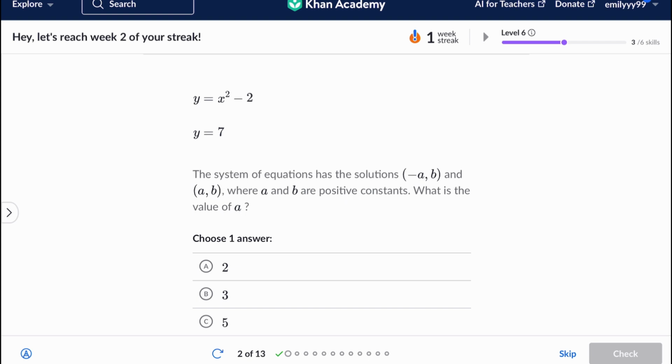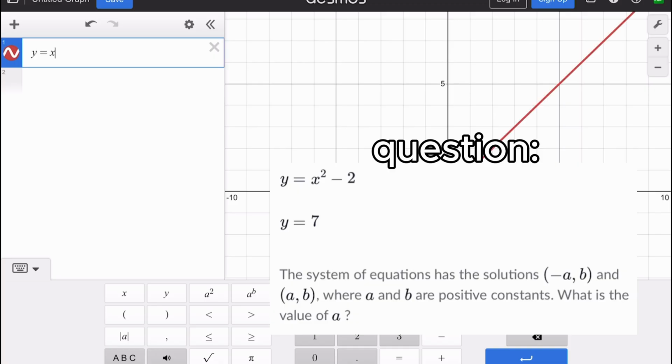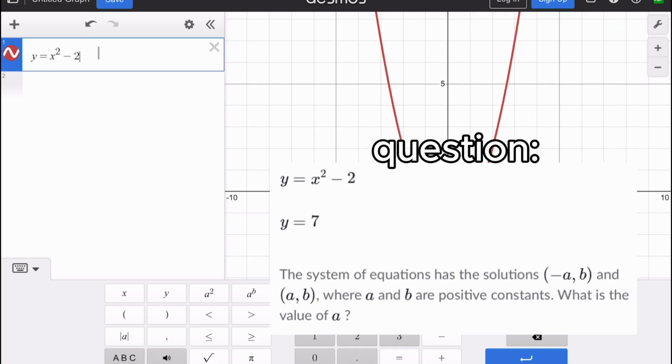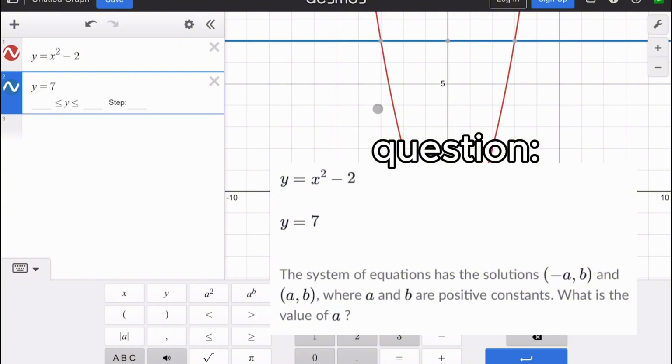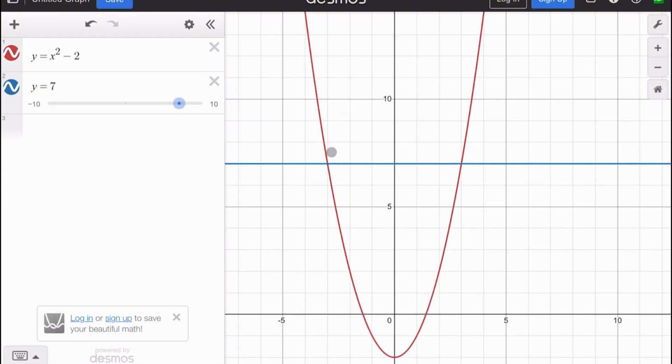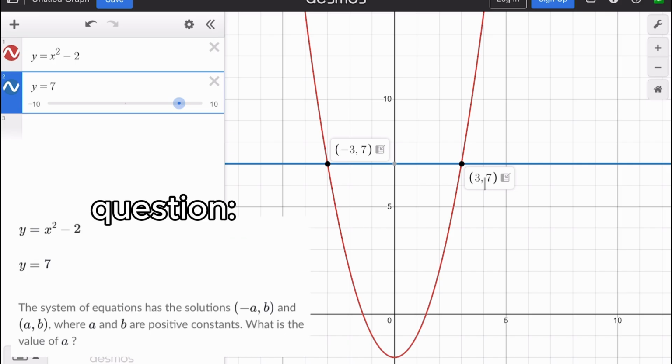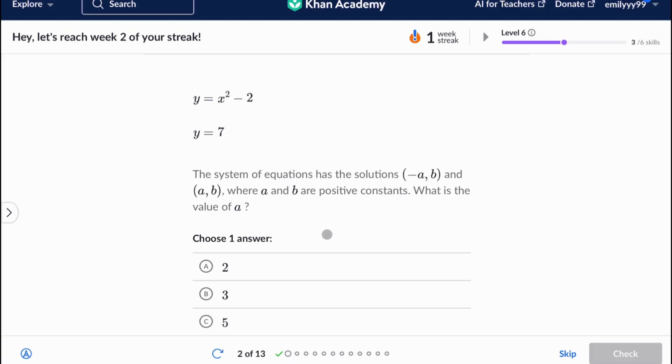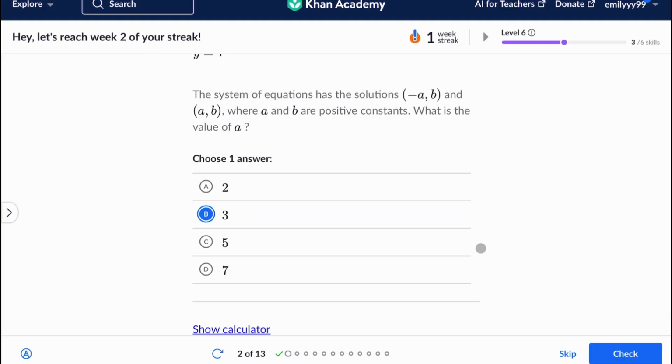So let's plug this in. Okay, so we can see that the two solutions here are -3, 7 and 3, 7. And they are the same number. So a is equal to 3 and b is equal to 7. So what is the value of a? That would be 3.